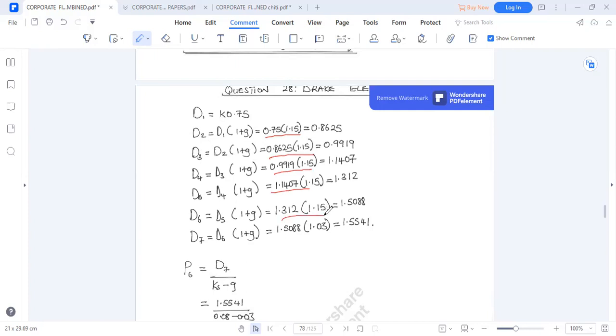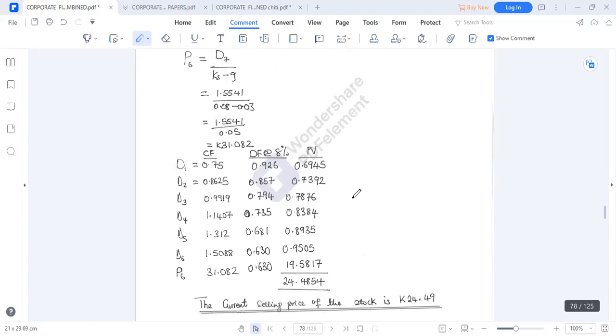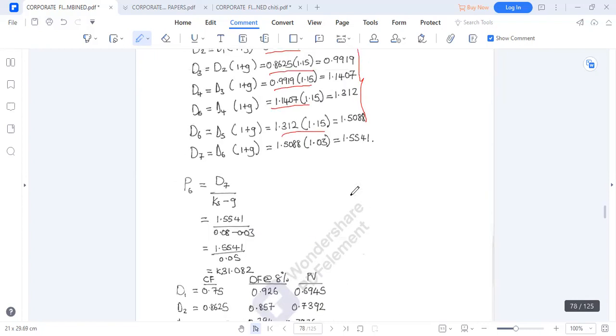It ends up to value of D6. So for that growth, because of the 5 subsequent years, 1, 2, 3, 4, 5. Then for each of these ones, we're going to discount them with what? 15%. So 15% here. All right, so this one will give us the value of stock for the first 5 years.